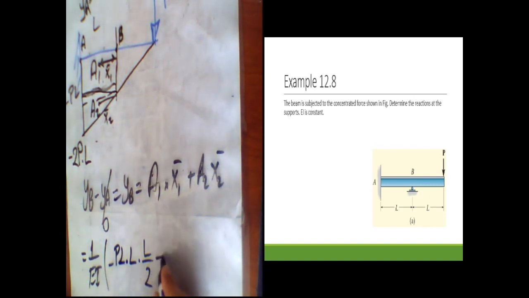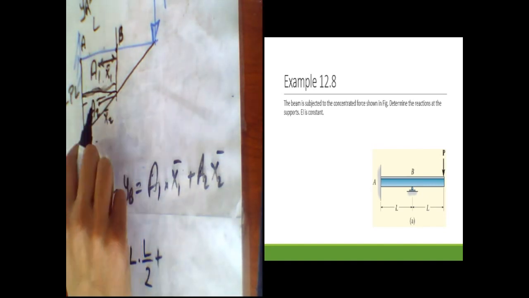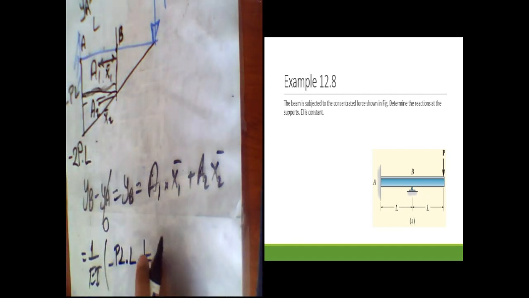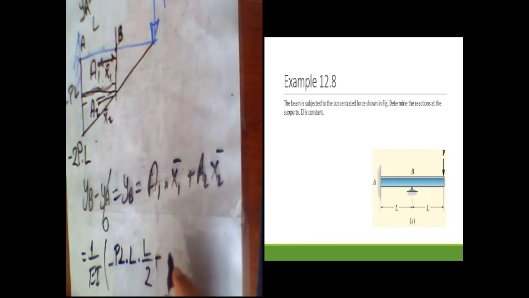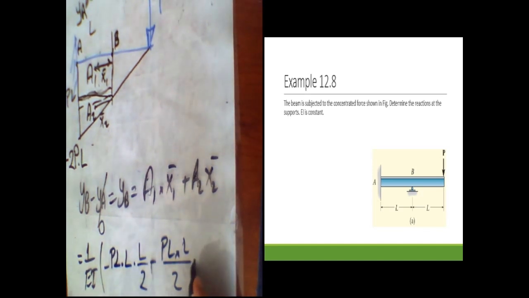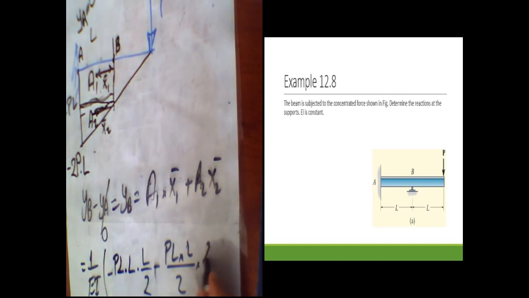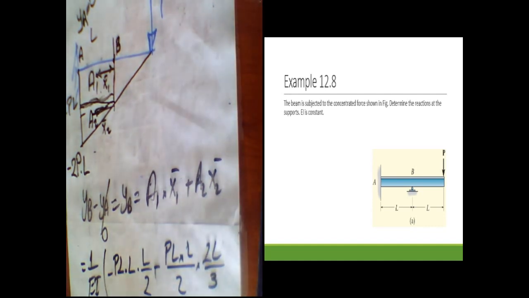Okay, now I want to pass to the second area. The second area is also minus PL times L divided by 2, because I have a triangular shape. Also the distance is 2L over 3.